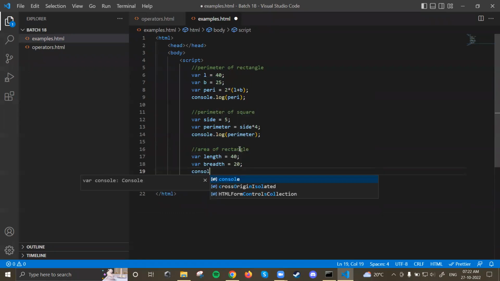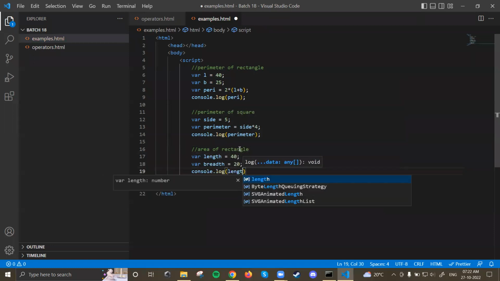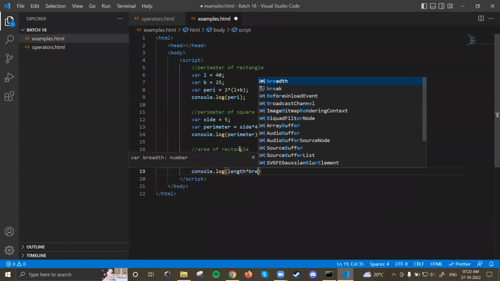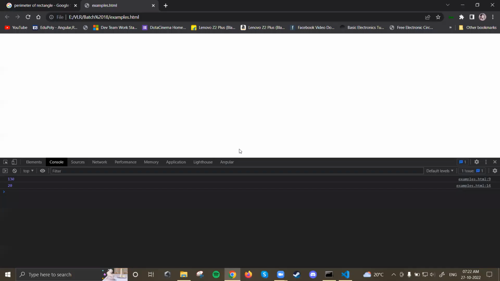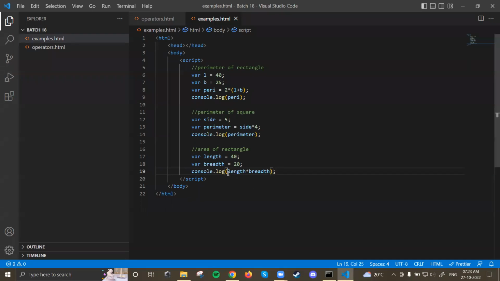So console.log of length into breadth. Length is 40, breadth is 20. If we multiply this, what will we get? 800. So if you see here, we got 800. So for that we are using this expression.